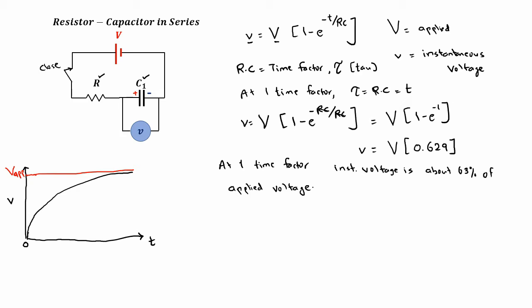Okay. And this is something that we're going to test. What we're going to do is we have two capacitors and we're going to create a circuit of R and C1, for the first capacitor, and then we're going to measure the voltage and time it. We're going to measure the time it takes to get to that 63% of the applied voltage value.